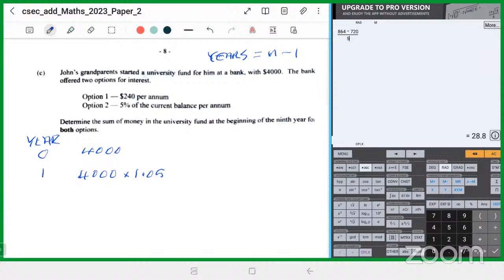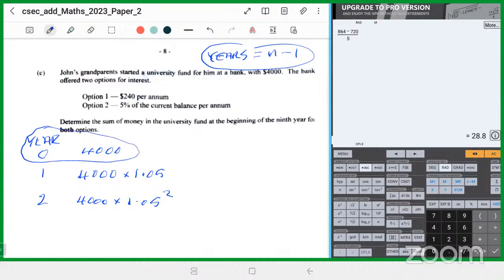That's a new figure. And after year 2, you multiply this again by 1.05. So you get 4,000 times 1.05 squared. After year 2, again, the year is the term number minus 1, because the year does not include when you start. Time has not passed when you start.